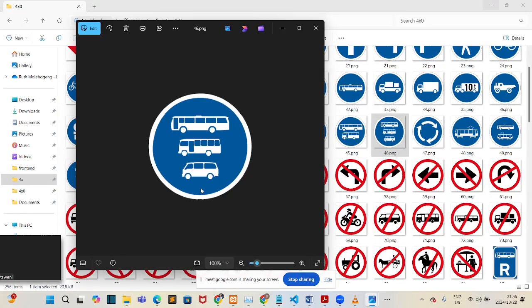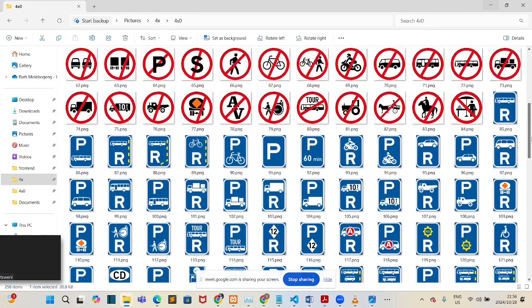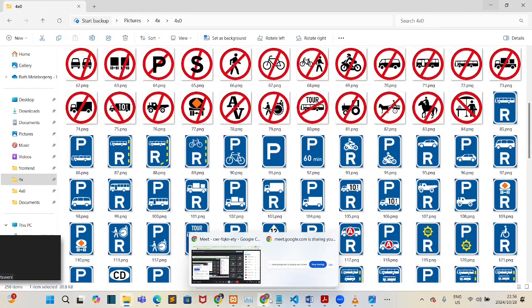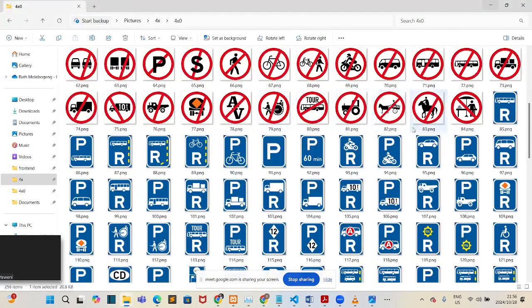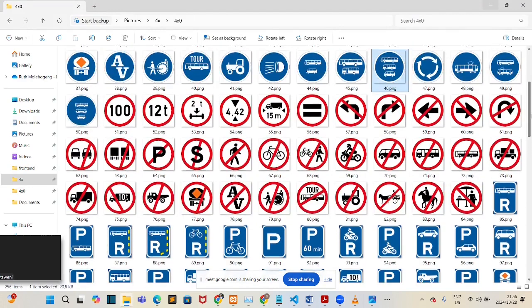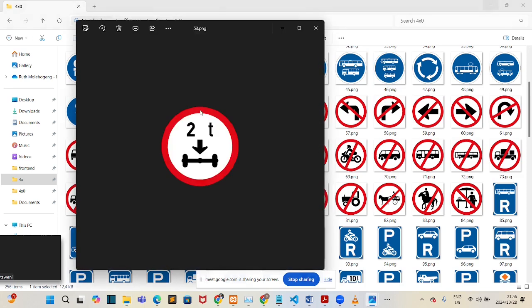Next question, we are given this prohibition sign. Let's see who we are giving it to. Unati, this one goes to you. Where's the prohibition sign? Oh, there it is, right?